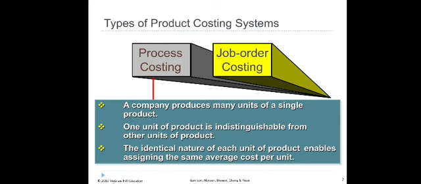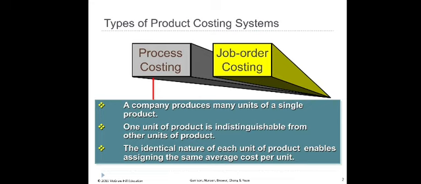Okay, job order costing is a costing system. You have to remember this. A costing system is a method that is used to calculate cost per unit of a product. Let's say you have a business and your business produces a product.